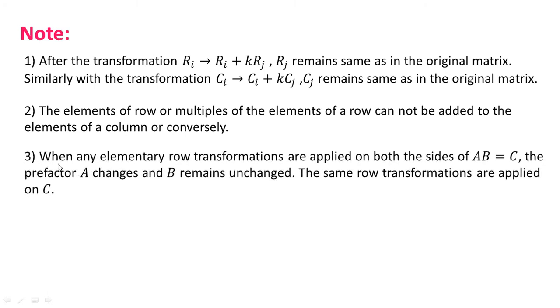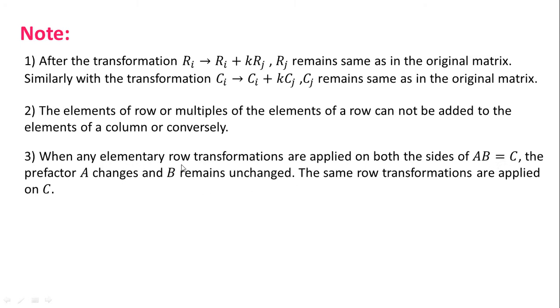Now see another note: when any elementary row transformations are applied on both sides of A into B is equal to C. See here, this is one equation given in the form of matrices. It is called a matrix equation.